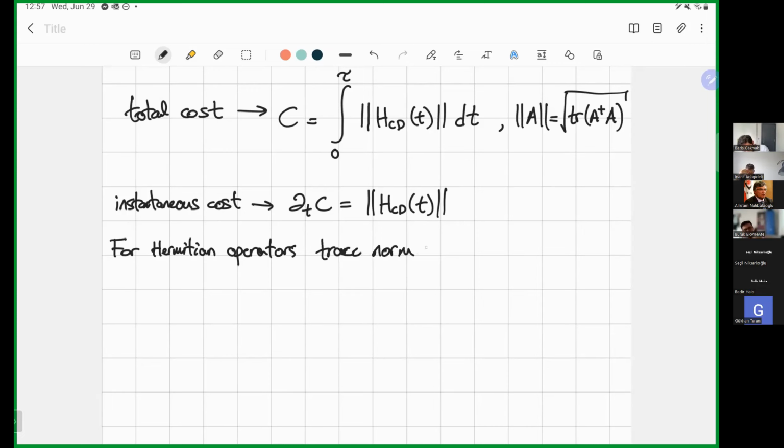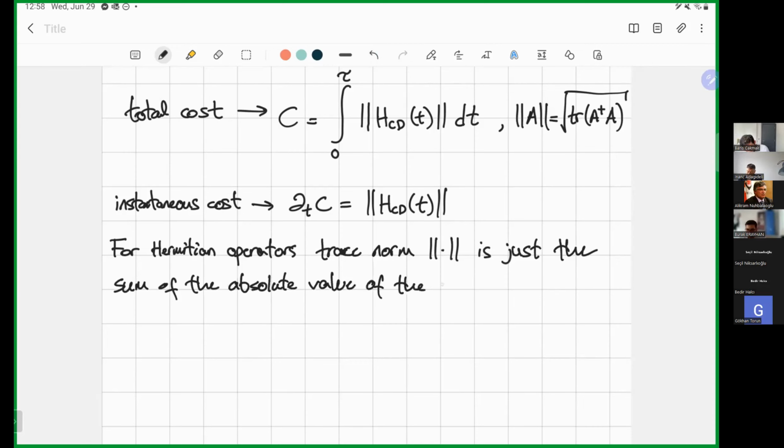Trace norm, this object is just the sum of the absolute values of the eigenvalues.